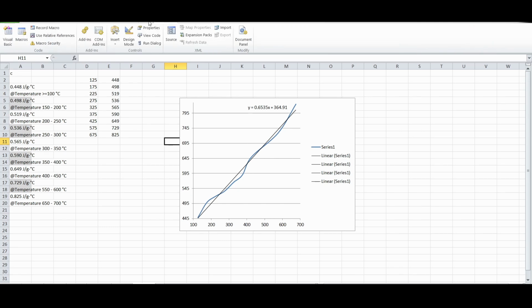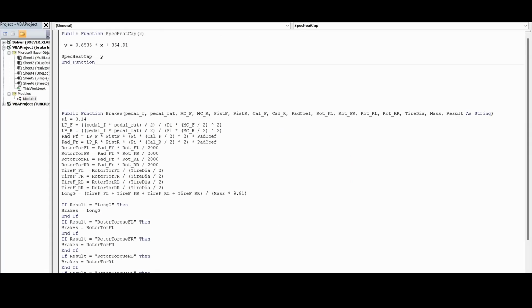So then I just went into Visual Basic. And then I made my own function, specific heat capacity. I just input the temperature, put in that formula I got from the chart, and it's going to spit out a number for me.